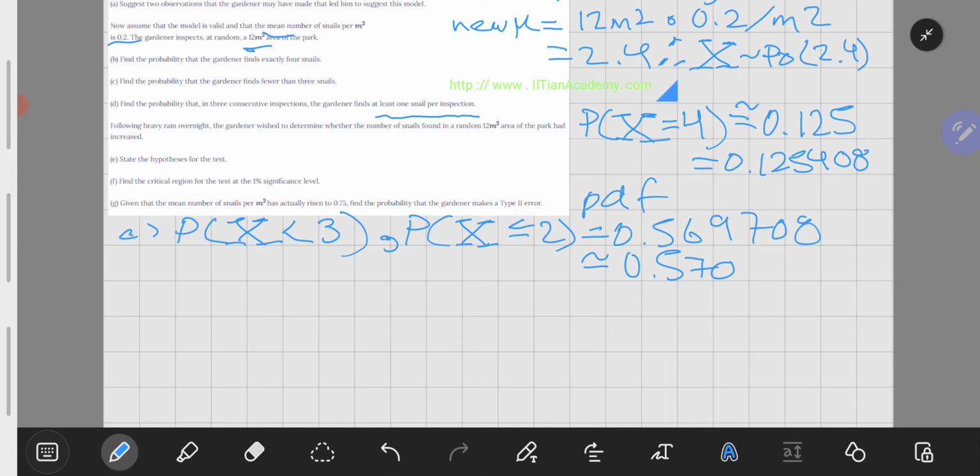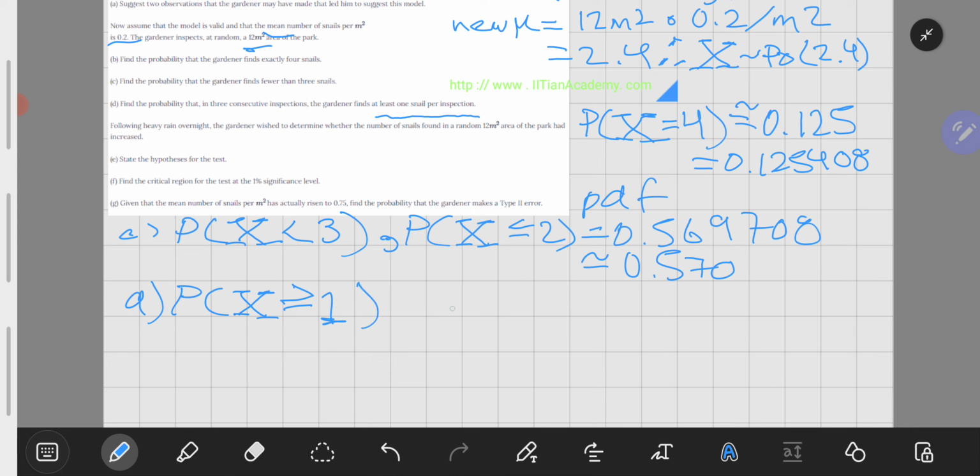Now for question D, we're looking at the probability that in 3 consecutive inspections, the gardener finds at least 1 snail per inspection. So at least 1 means greater than or equal to 1.